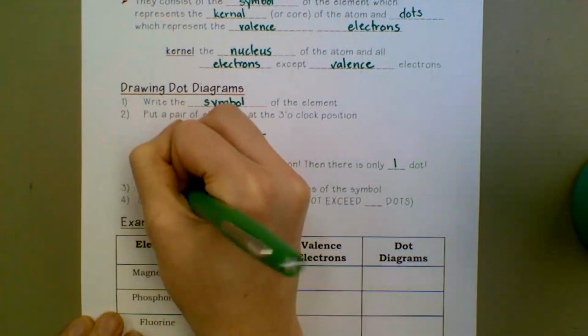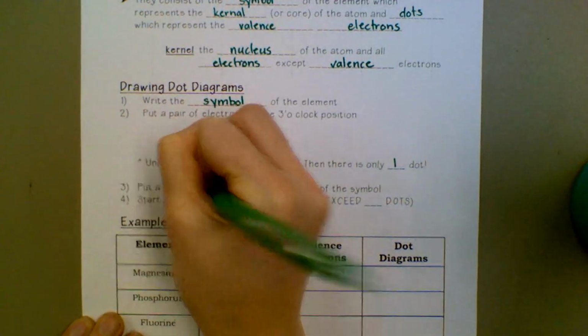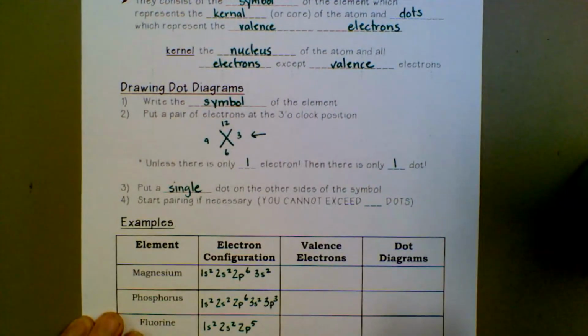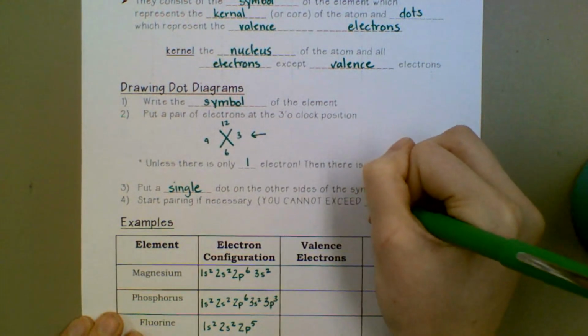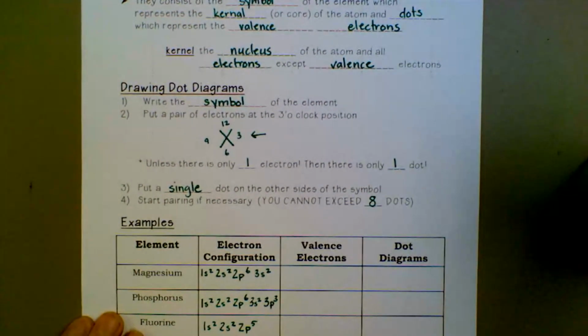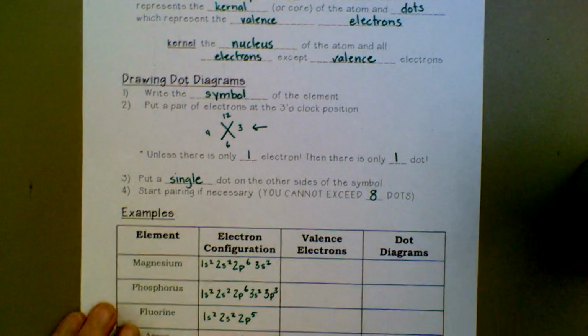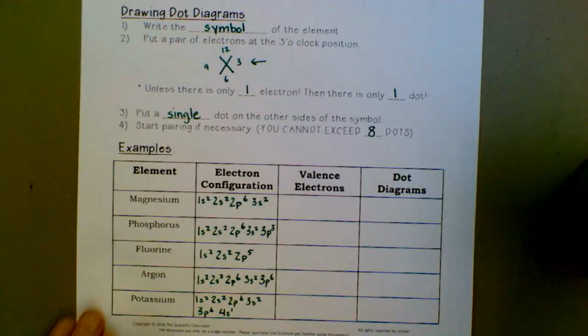Then I put a single dot on the other sides of the symbol. I'm going to start pairing if necessary. I cannot exceed 8 dots. This is going to feel really similar to your electron orbital, your electron configuration graphics in the boxes.